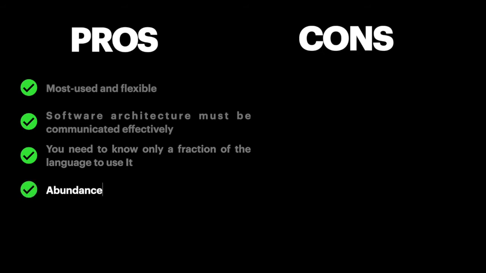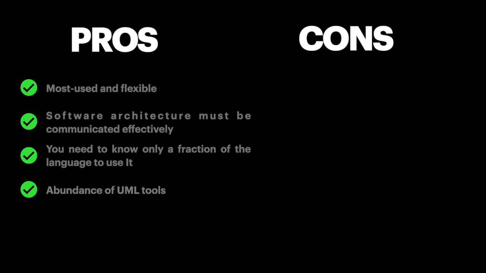Abundance of UML tools. UML tools are one of the most important reasons why UML is so widely used. UML tools range from free open source software to those costing millions of dollars.